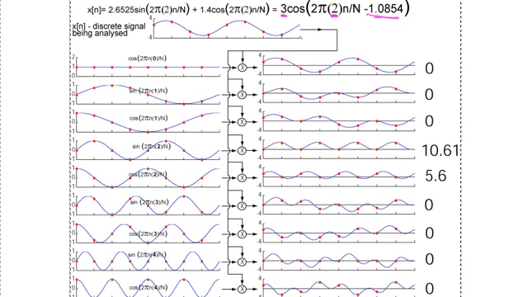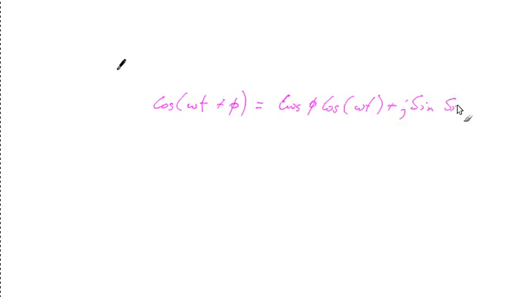If you have a signal cos(omega t plus phi), you can represent that instead mathematically as being cos phi multiplied by cos omega t, plus j sine phi multiplied by sine omega t. I'm pretty sure that's correct. I might be out by a sign or something like that, but it's something like that.